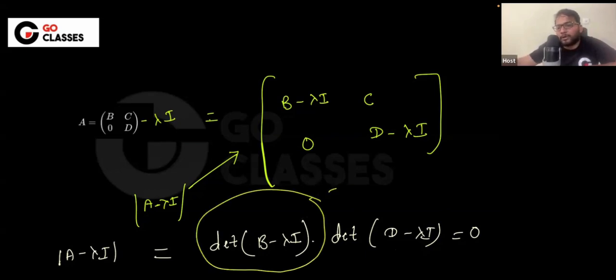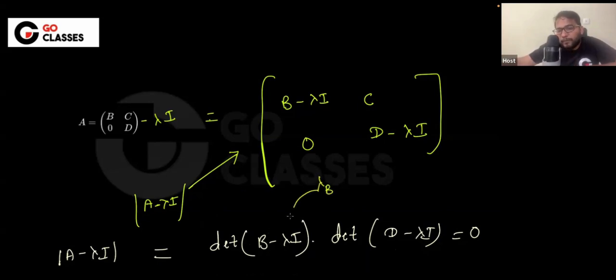Let's suppose an eigenvalue of B is lambda B. If I put lambda B here, it will be 0, for all the lambda B's. Which means if lambda B is an eigenvalue of capital B, then if I put lambda B here, it will be 0. Similarly, if I put lambda D here, it will be 0. So all the eigenvalues of B and D are satisfying this, isn't it?